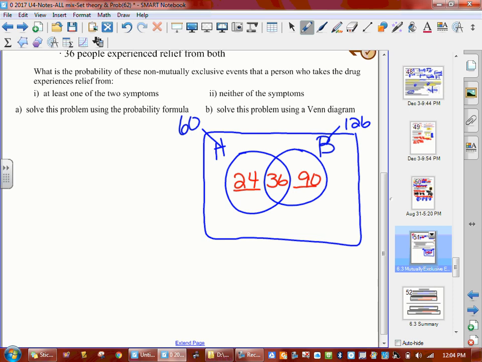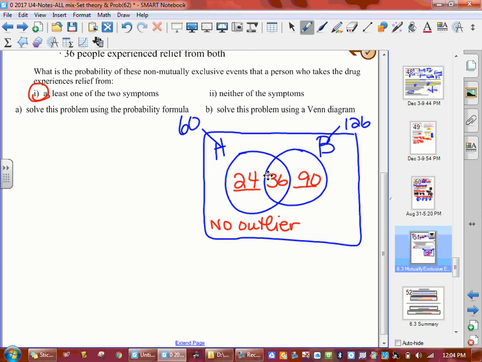Now if we take a look, it says all the people received some relief. So that means there's no outlier. All right, so the question wanted to know, what is the probability of a person having relief from at least one of the two symptoms? Well, that means one or both.